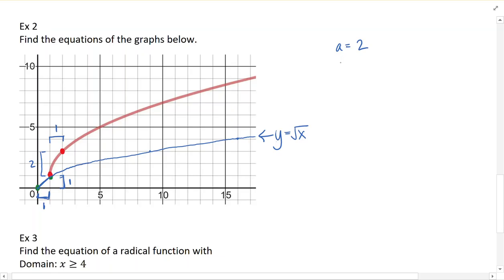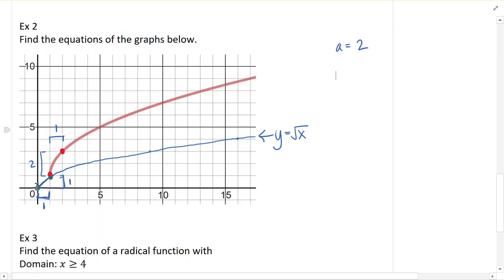So there has been nothing changed with B, so I'm just going to leave it out. So now that I know it's a vertical stretch of 2, if I stretched it up, now I could translate it. And since 0, 0, no matter how you stretch the point 0, 0, it won't change it.